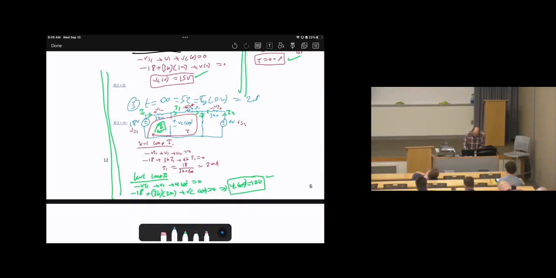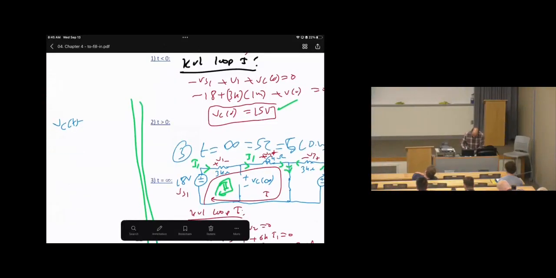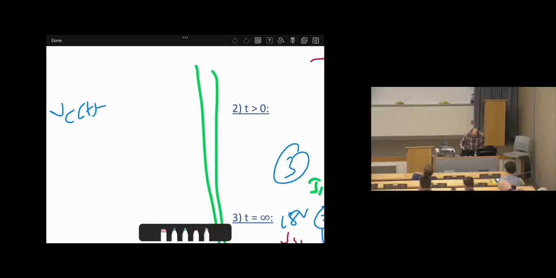Now VC of t. VC of t equals VC of infinity minus VC of infinity minus VC of 0 e power negative t over tau. Now substitute the values.